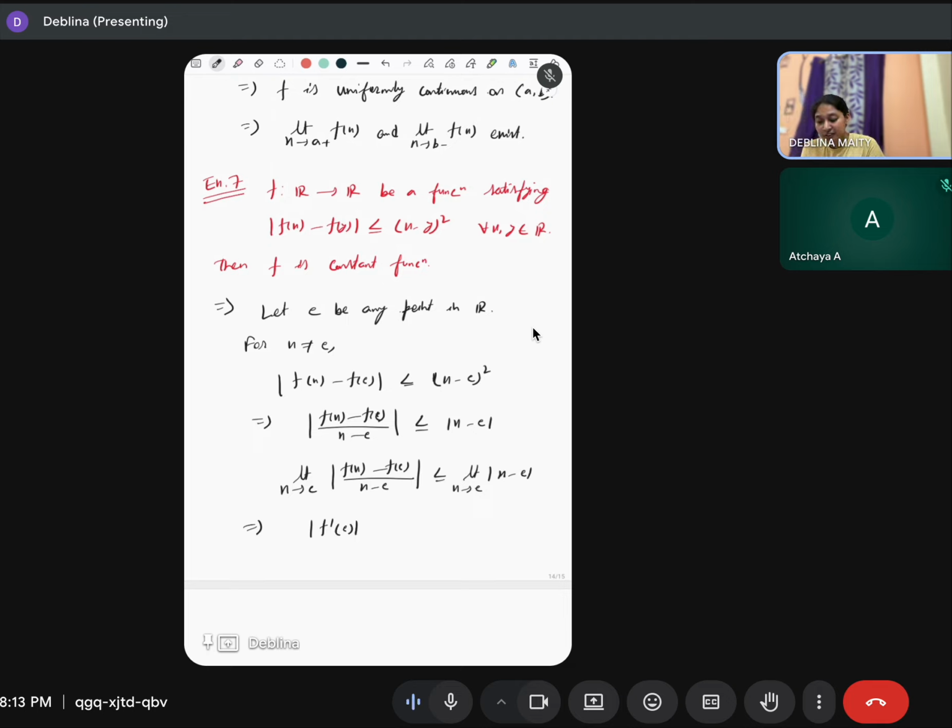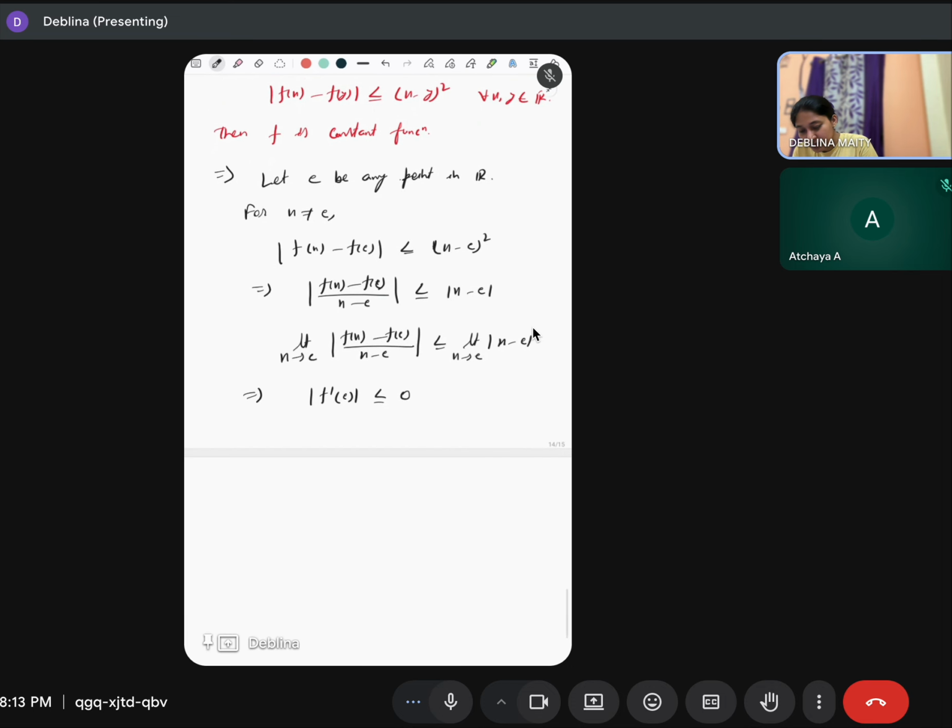Because f is differentiable. And this is less than or equal to 0, right?